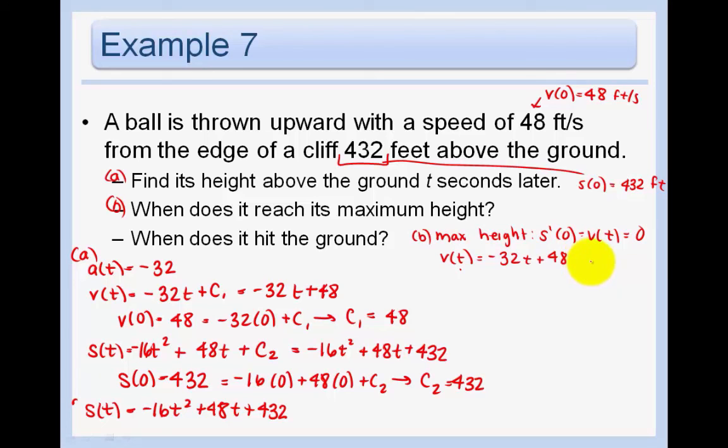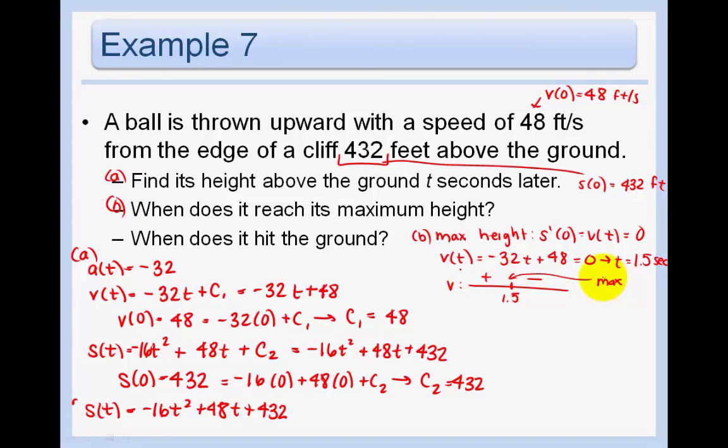And you know that equals 0 when t equals 3 halves, 1.5 seconds. And so let's just quickly make our sign chart to make sure it's a maximum. You know that this is a line that has a negative slope, so we would obviously go from plus to minus, indicating that we had a max there.